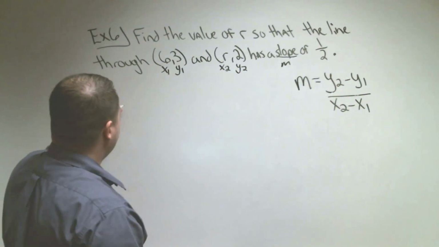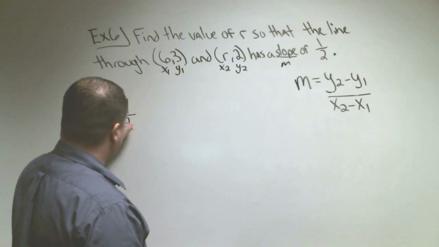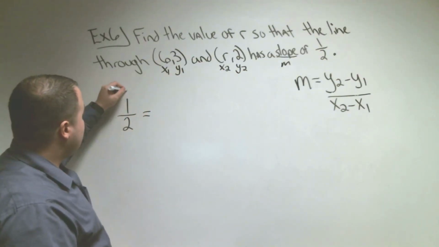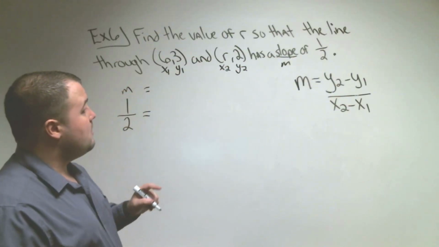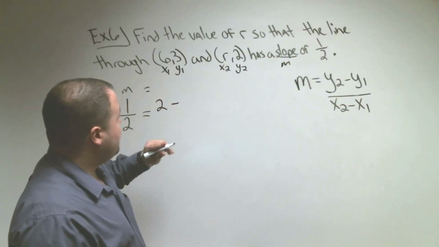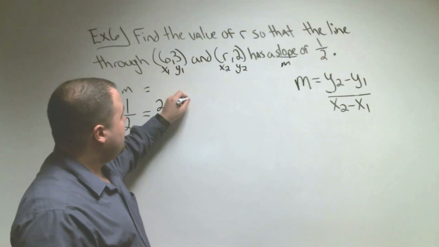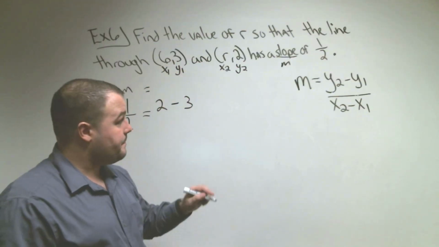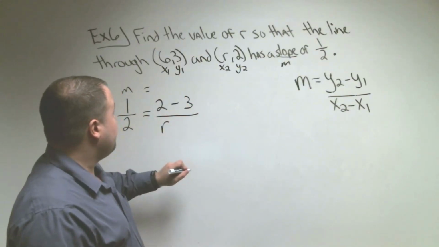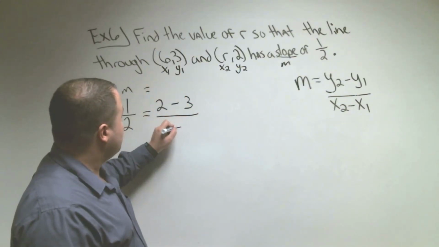Instead of writing m, I'm going to write 1 over 2 equals, so that's my m. So this is m equals y2, that's 2, minus y1, 3, so 2 minus 3, over x2, that's r, minus 6.